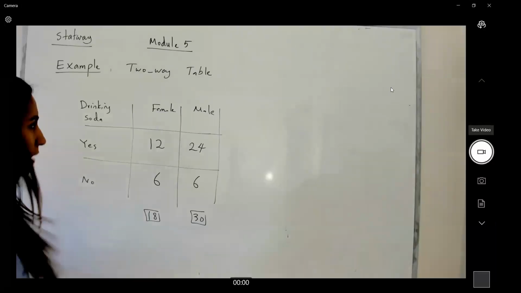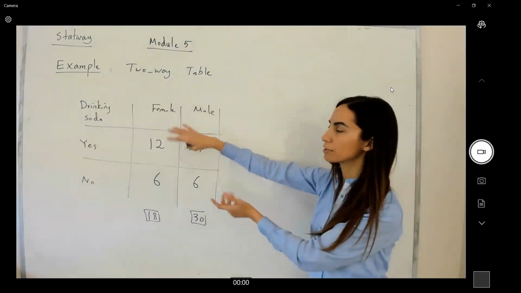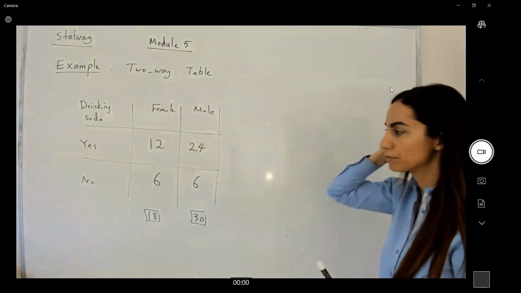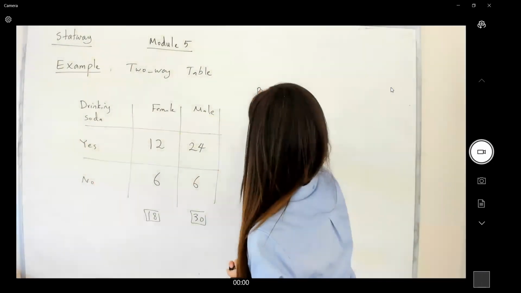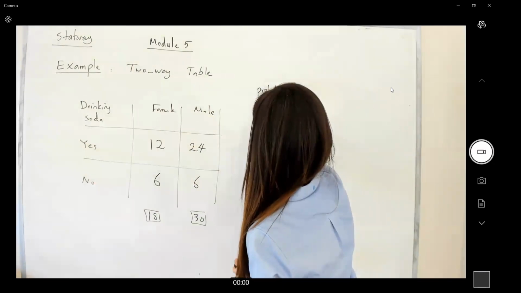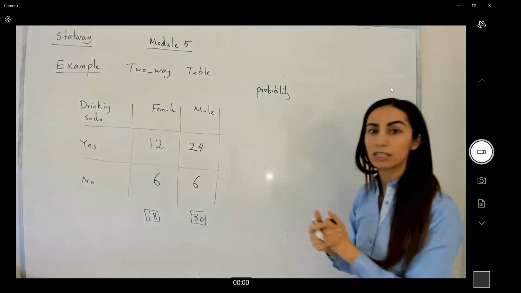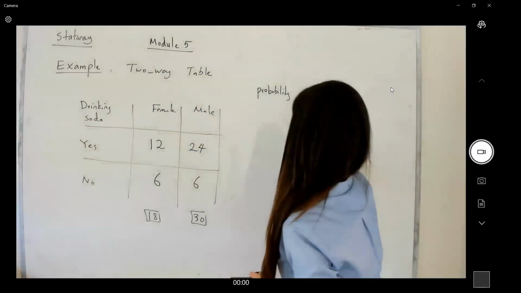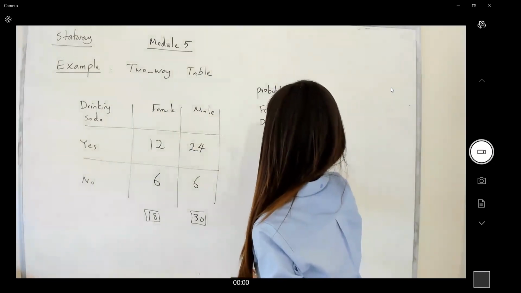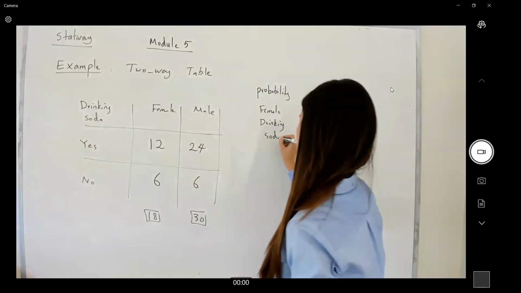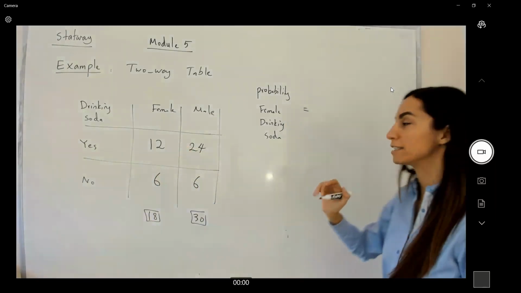So I want to take a look at this example that we did before. It's based on the researchers' data that we have. If the question says, what is the probability of a female drinking soda on daily basis, the calculation is going to be 12 out of 18 of them.